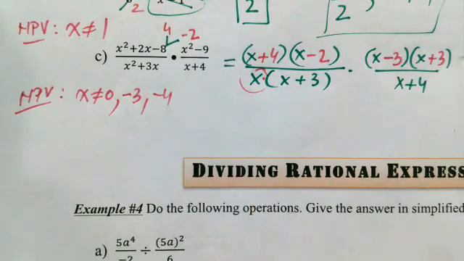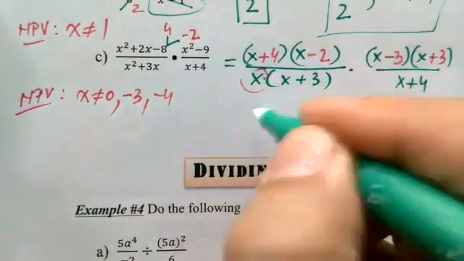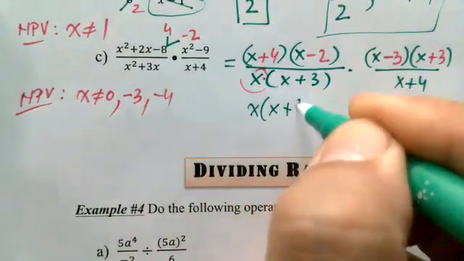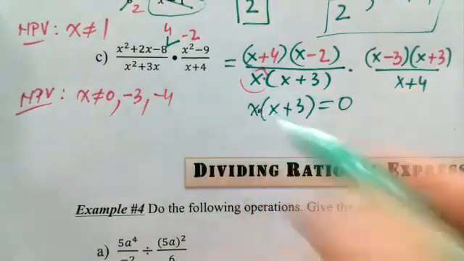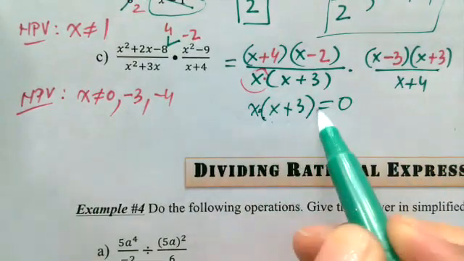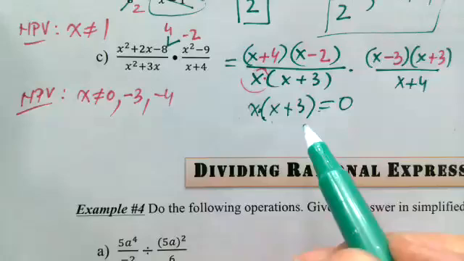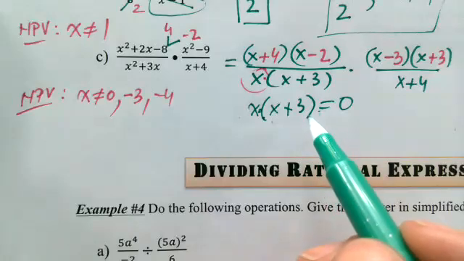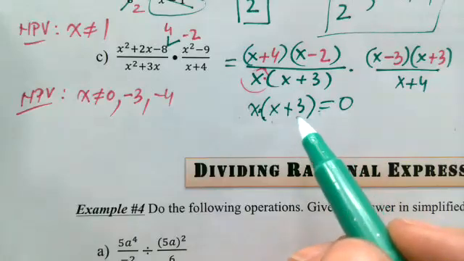One, well, no, because 1 is not gonna make it 0, right? So when you're equalizing this x plus 3 equals 0, the way this expression can be 0 is if this is 0 or if that's 0. So when we're saying split and solve, that's what we mean. What's gonna make it possible for this to be 0?